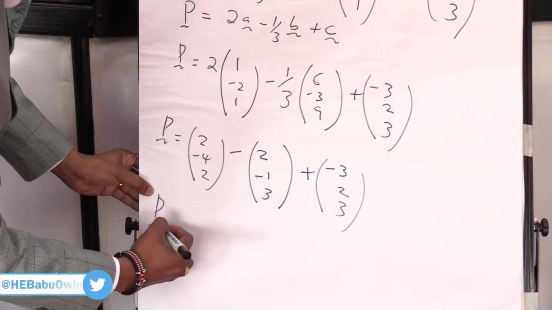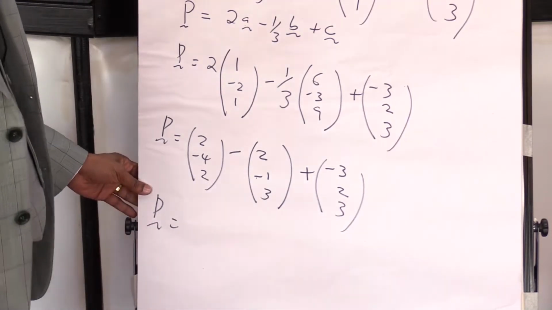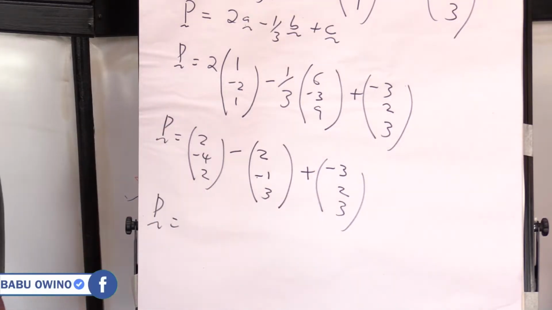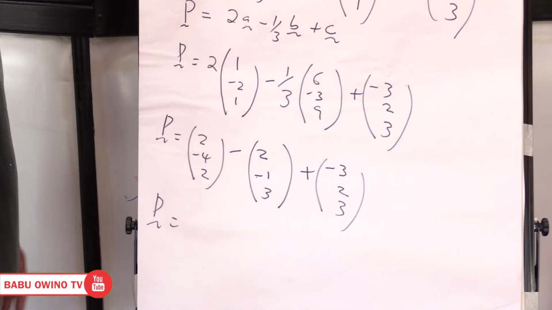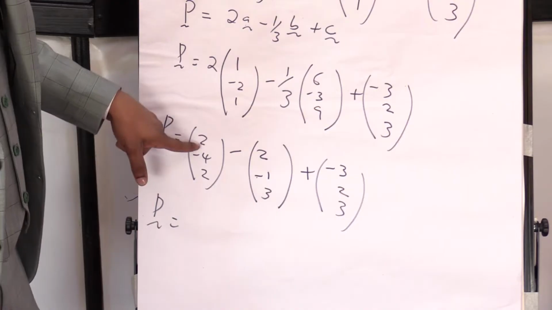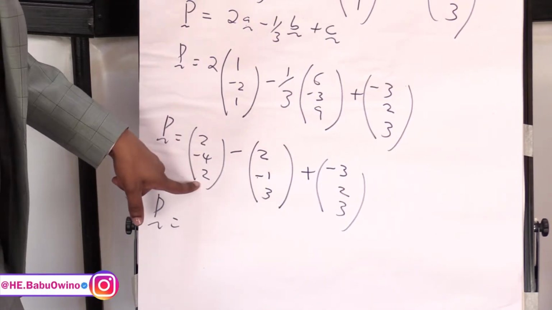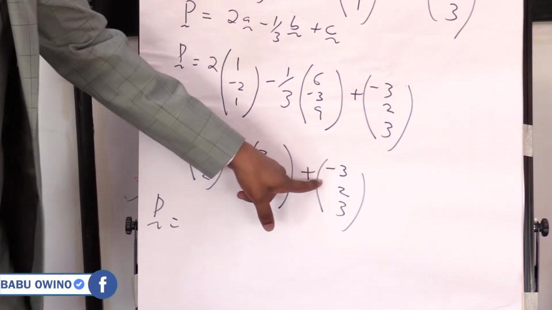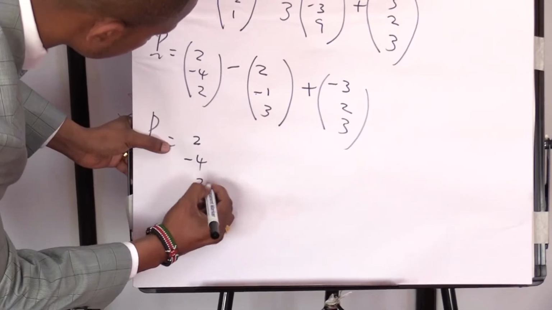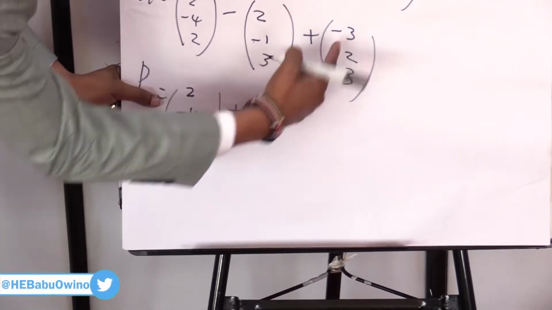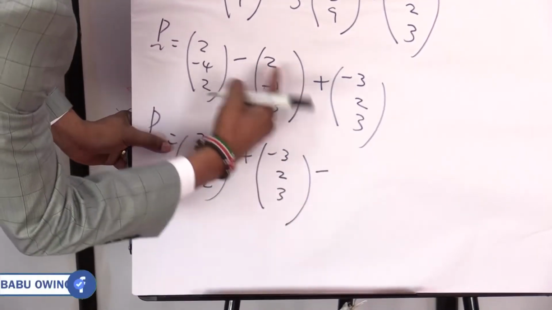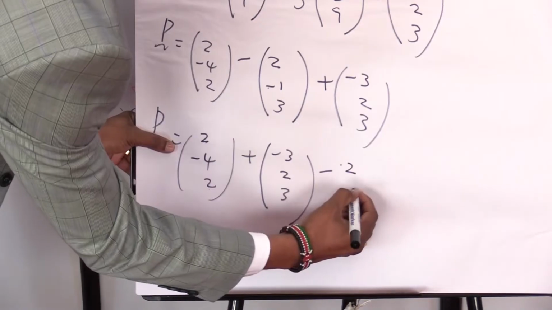So P equals, by BODMAS, brackets, division, multiplication, addition, and subtraction. Therefore, addition comes first. So if you are given such a challenge, then you apply BODMAS. So we will add this, which is 2, minus 4, 2, plus the value here, minus 3, 2, 3. Then you subtract this value, which is 2, minus 1, 3.